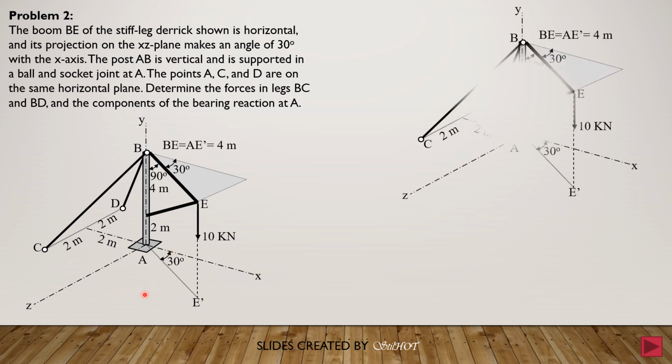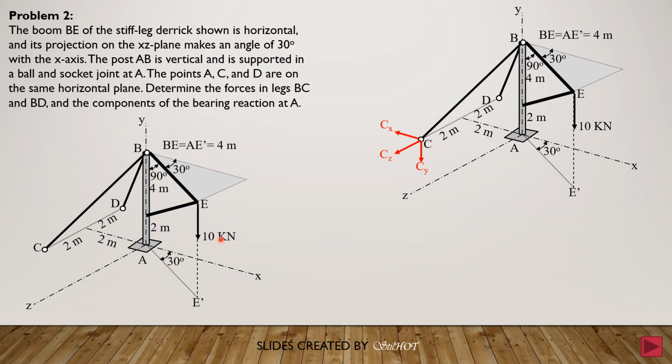For the components of tensions, we have CX, CY, and CZ, as well as at D, DX, DY, DZ. Remember that tension force is a two-force body. Then at A, let's assume these are the component reactions at A.